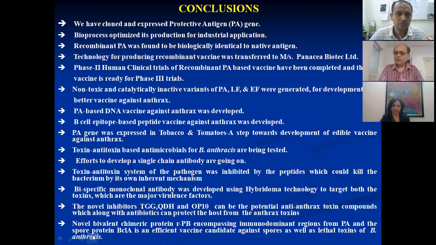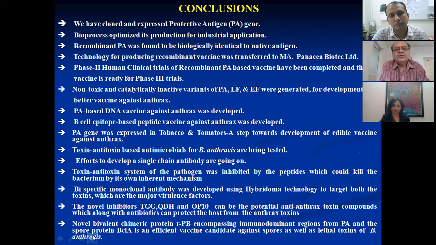So in conclusion, I can say that we have cloned and overexpressed the protective antigen gene, and optimized its bioprocess production for industrial application. Recombinant protective antigen was found to be biologically identical to native antigen. Technology for producing recombinant vaccine was transferred to the industry.